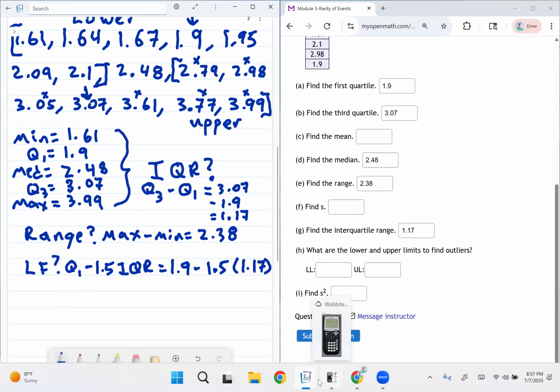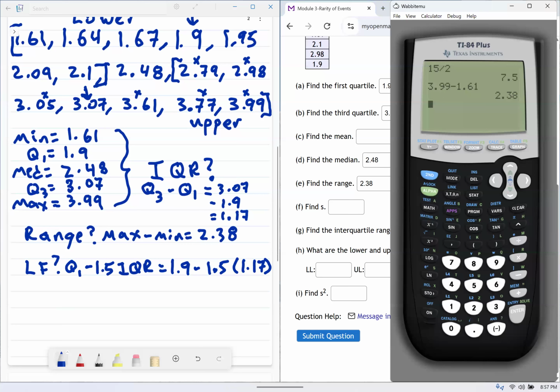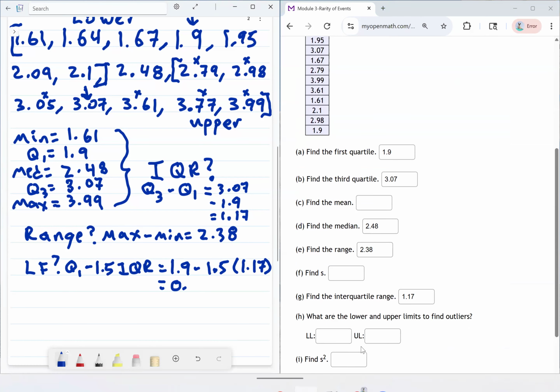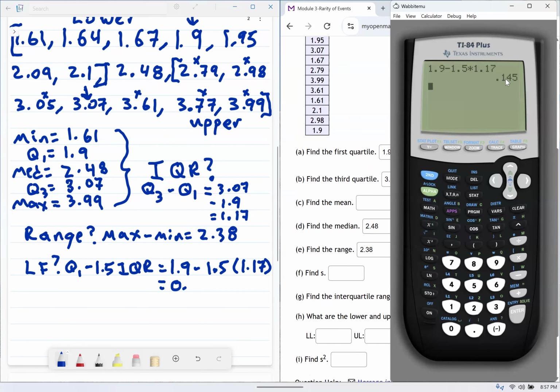I'm going to pull up my calculator and type this in. 1.9 minus 1.5 times 1.17. This gives me a lower fence of 0.145.